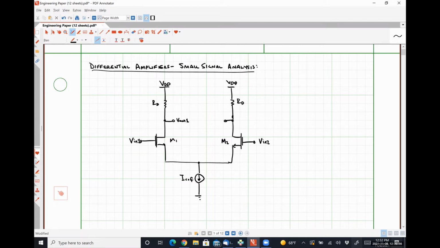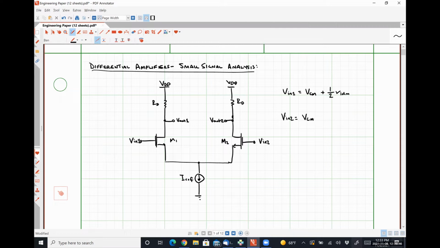Here's Vout1. Here is Vout2. So let's call VIN1 a combination of two signals: a common mode DC voltage and 1/2 of some small signal differential mode voltage, and VIN2 will split up as well.